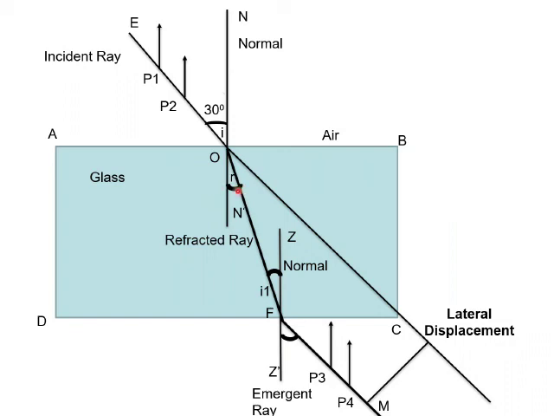Here, this angle that you're seeing is the angle of refraction. Here, one more angle we are getting. This angle here is again an angle of incidence, but we will give it the name i1. And lastly, you have one more angle here, that is the angle of emergence, that is small e.